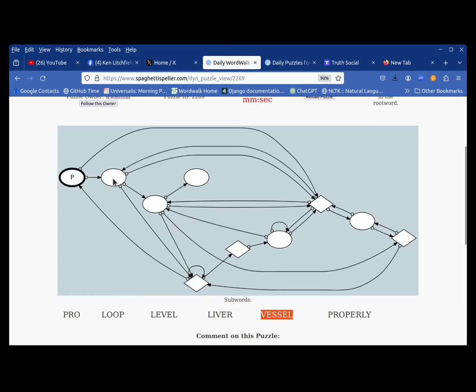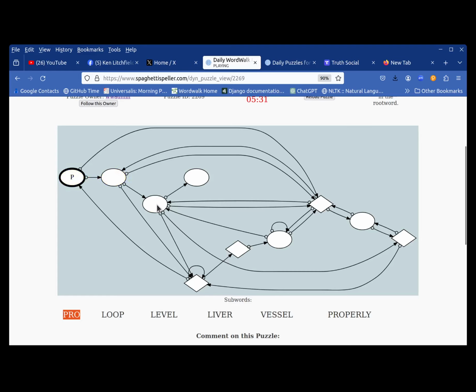There's one coming into this O, and also one coming from here into this O. Now I'm guessing that this consonant up here is the R, because that's the only consonant that follows P in the subwords, namely P-R-O. So my guess is that is P-R-O right there. And we can get the first subword very easily by just clicking on those. Let's do that. We're going to start the puzzle off. The timer is clicking down.